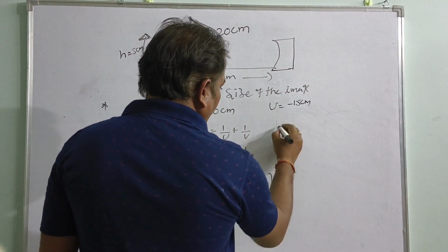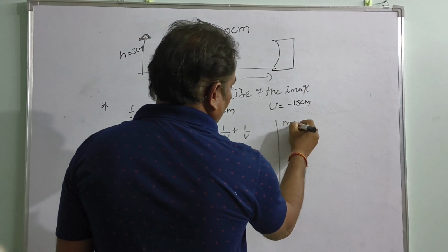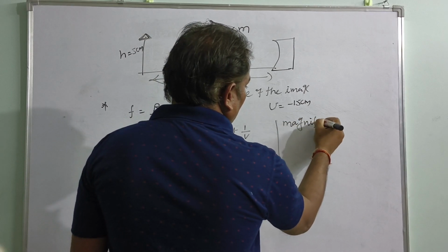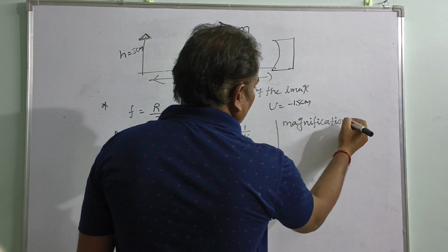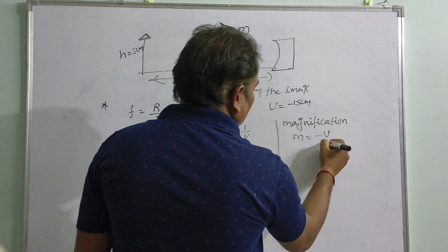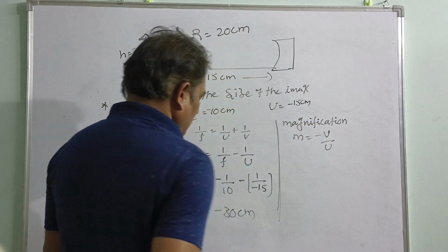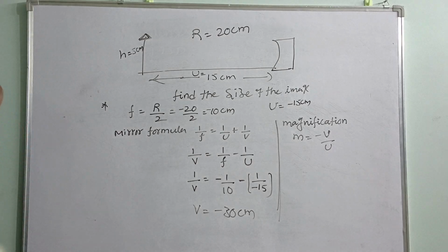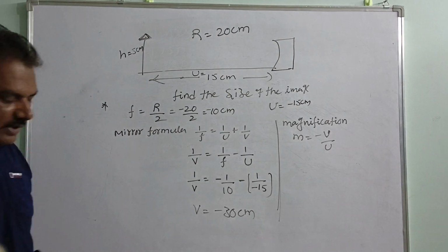So now magnification. What is the magnification? Magnification m is equal to minus v by u.